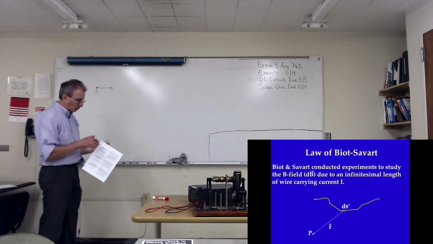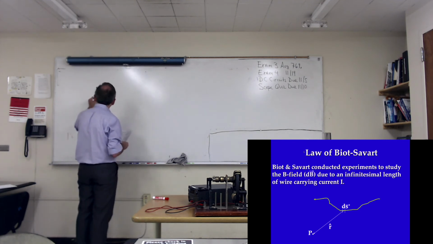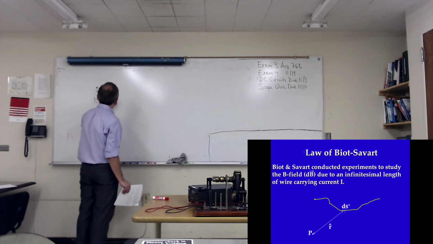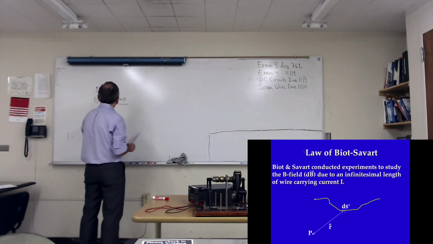We normally don't do problems with this, but the magnitude of the field due to a charge is written in the following way: mu naught Q V sine theta divided by 4 pi r squared.